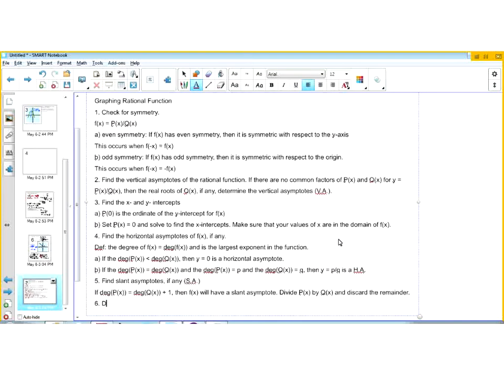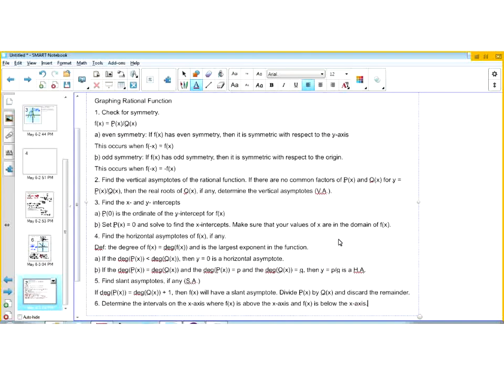All right. Step 6, the final step, would be to determine the intervals on the x-axis where f of x is above the x-axis, and f of x is below the x-axis.